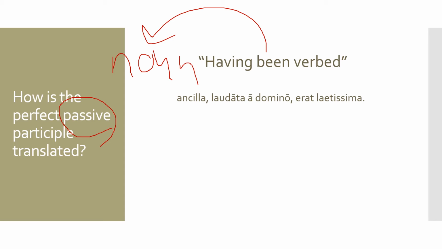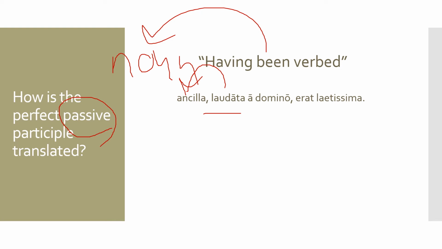So: Ancilla laudata a Domino erat laetissima. And here's your perfect passive participle. And obviously, it is feminine, singular, nominative, modifying ancilla. So the slave girl, having been praised by the master, was very happy. Now, I know in English a lot of times we would just say, the slave girl praised by the master was very happy.